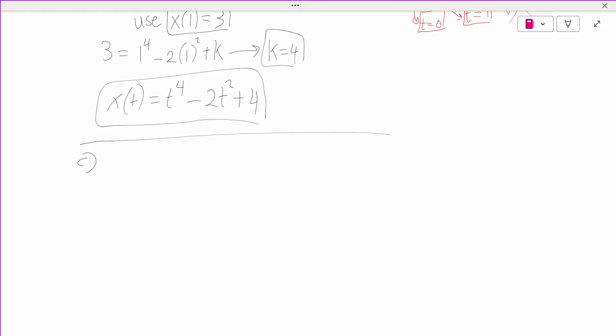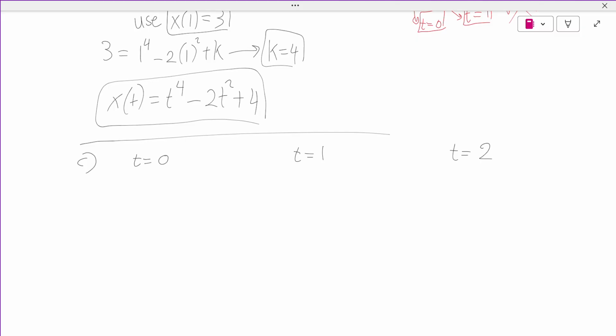Now, at t equals 0, the particle was at rest. And we also found in part A that the particle was at rest at t equals what? At t equals 1.